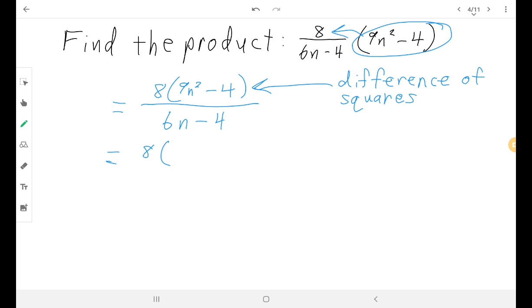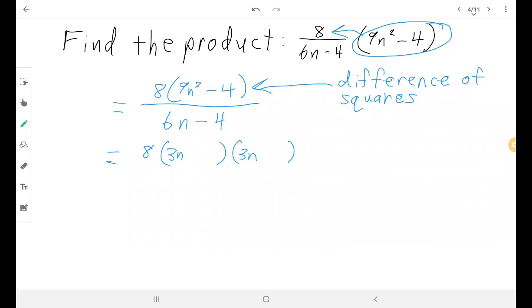And a difference of squares always factors the same way. It factors into two pieces. Difference because of the minus sign there. You take the square root of the first one and the square root of the second one. So square root of 9 is 3, square root of n squared is n, and you put that at both fronts, right?